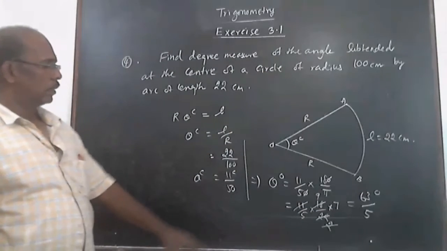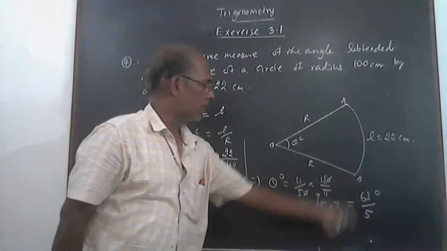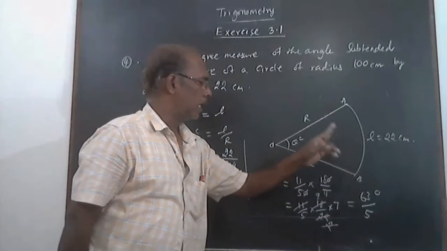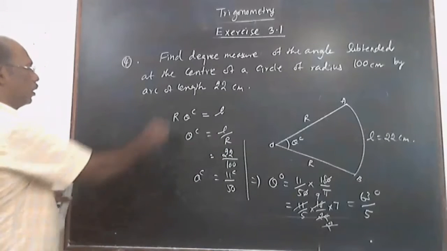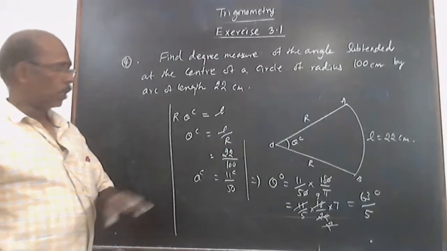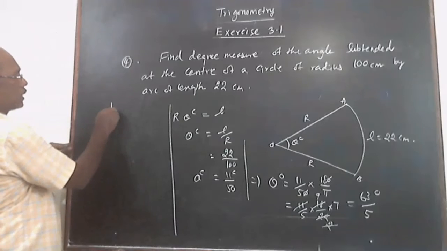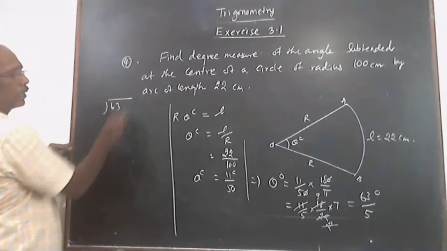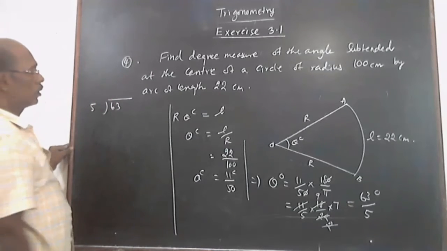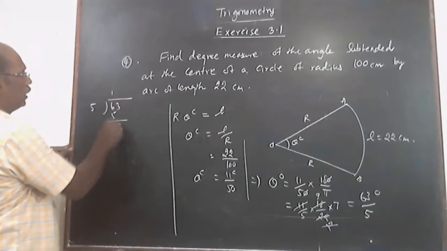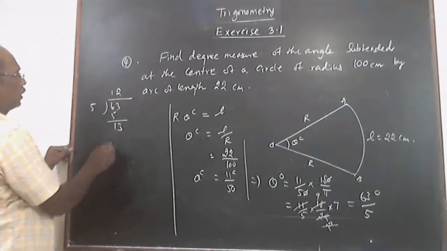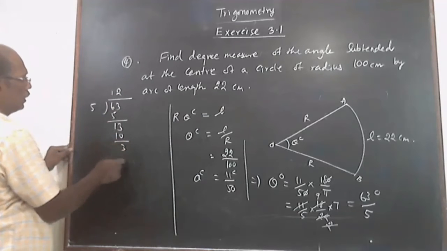Now we should find the degree, minute and second by the long division method. 63 divided by 5: 5 into 63, 12 times, remainder 3, so 12 and 3 by 5.